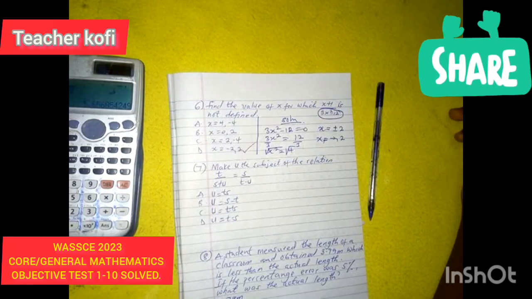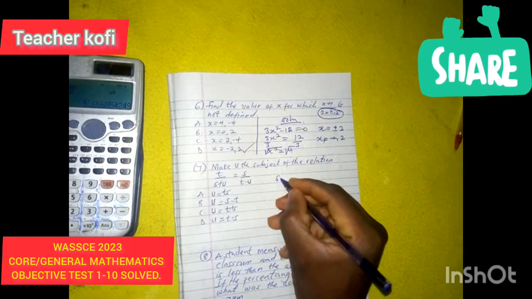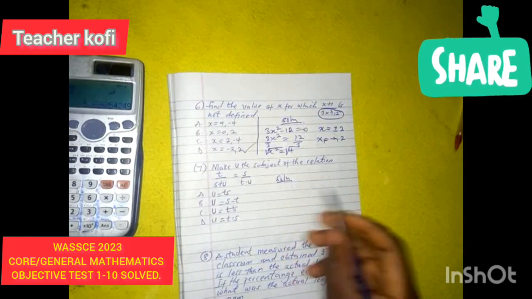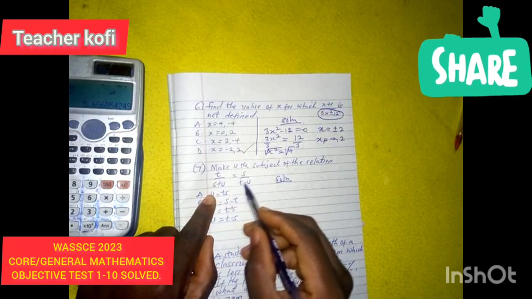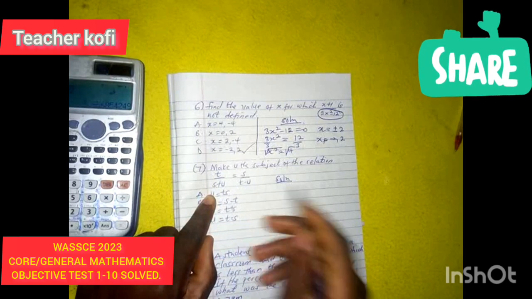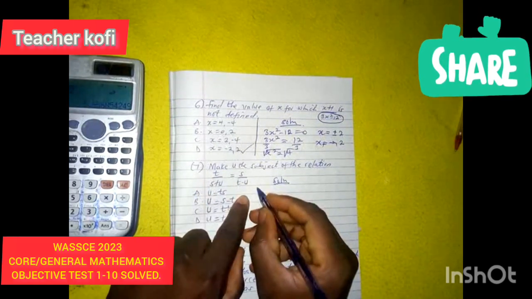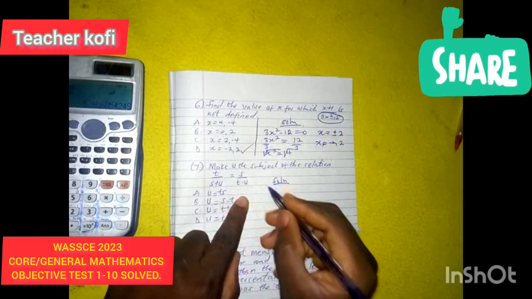Make u the subject of the relation. First of all, you have to find the denominator of s plus u, t minus u. So now when you write this, you multiply all the sides by s plus u, t minus u.